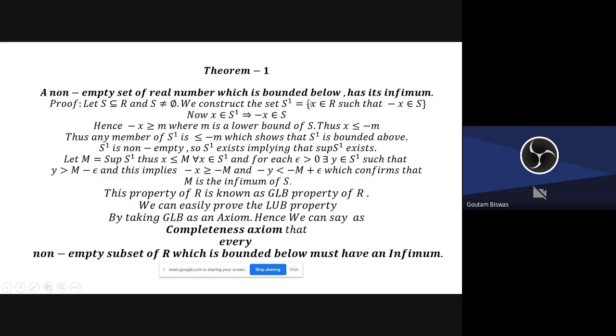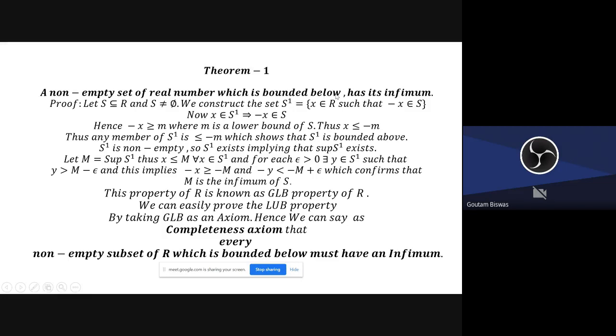We take those members x in R such that minus x belongs to S. So if 2 belongs to S1, then minus 2 belongs to S, and so on. So now x belongs to S1 implies that minus x belongs to S.